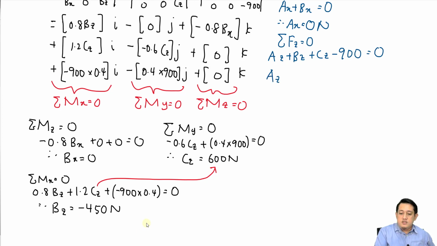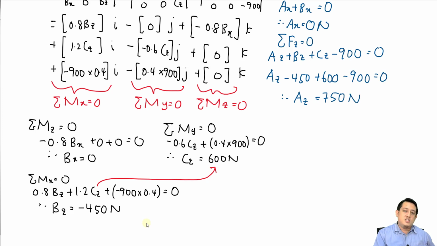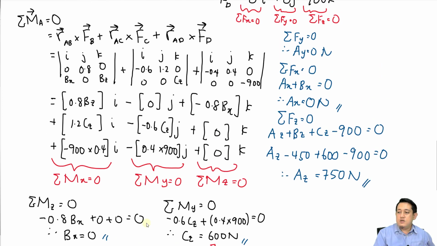We have Az minus 450, which is Bz, plus 600, which is Cz, minus 900 equals 0. Therefore, the value of Az is equal to 750 Newton. That's it. Finished. And this one is also finished.